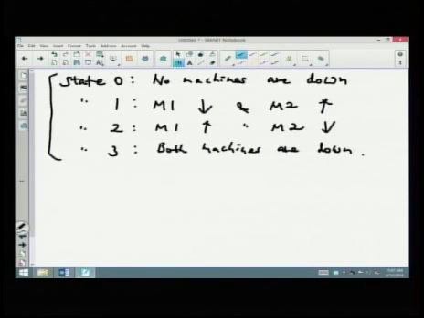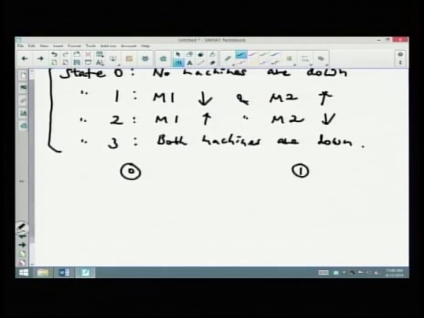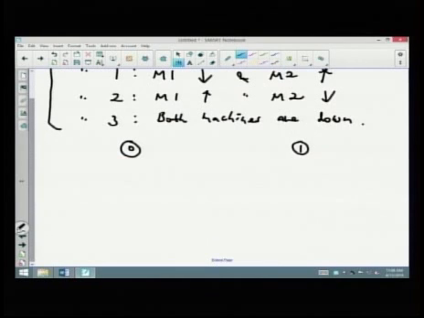Okay, so are you ready? So I'm going to draw 0 here and 1 here, and then let's say 2 down here and 3 down here.